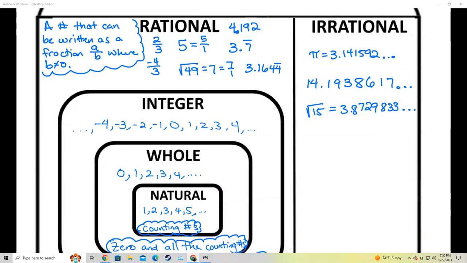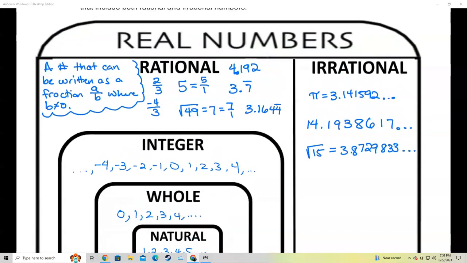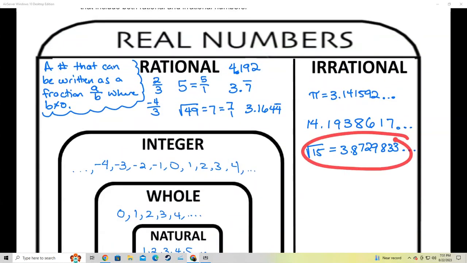So now I know this goes on forever. It does not terminate like this one did. And it definitely doesn't repeat like these ones did. So it did not terminate and it did not repeat. Therefore, it is irrational. And just know that if it's irrational, it's still a real number.